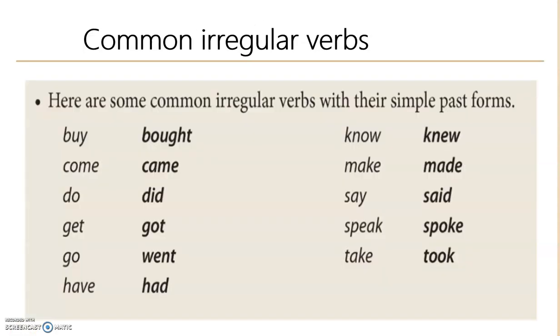Let's move on to common irregular verbs. Here's some common irregular verbs with their simple past forms. Practice with me. Buy, bought. Come, came. Do, did. Get, got.